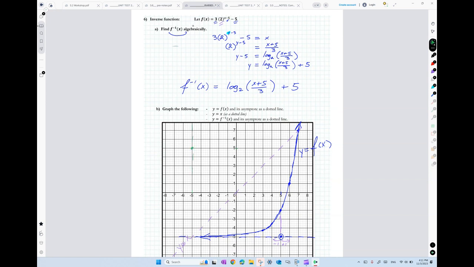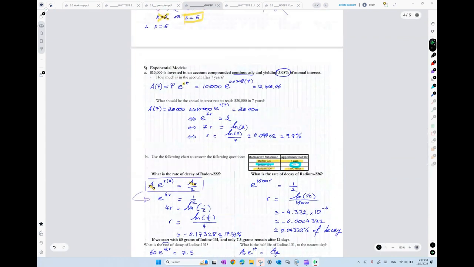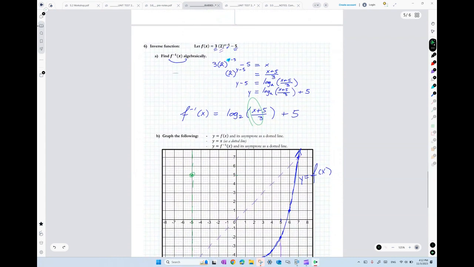Vertical asymptote for a logarithmic function. And here you cannot just go 1 unit to the right of this point of reference because the coefficient of x is 1/3, not a 1, as we did for the transformation before.